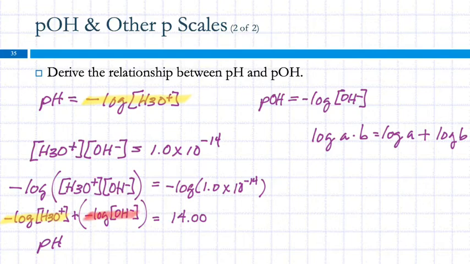And negative log of hydroxide ion concentration is pOH. pH plus pOH equals 14. So this can be a simpler way to get between hydroxide and hydronium ion.